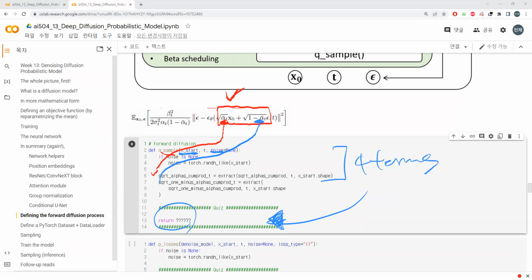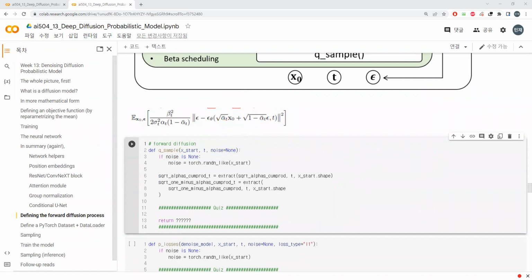Still, feel free to reach me or upload something in the chat box. It's 11:42.